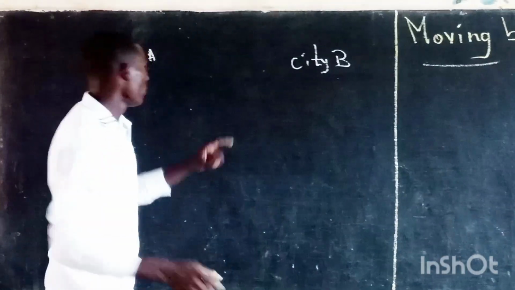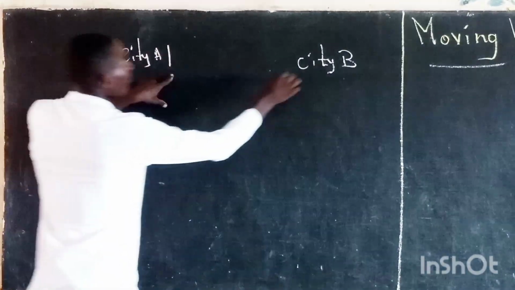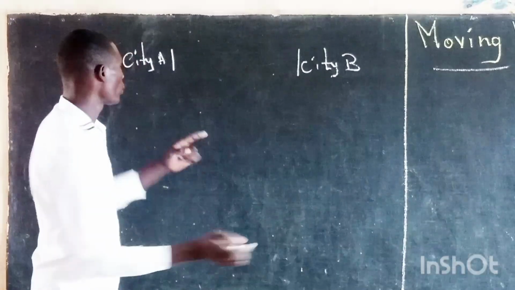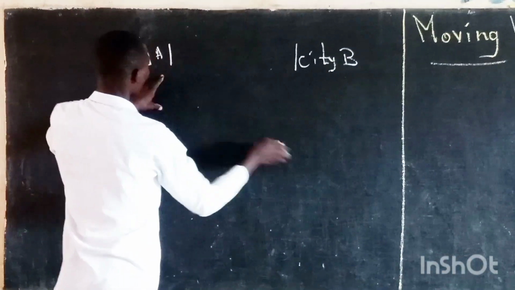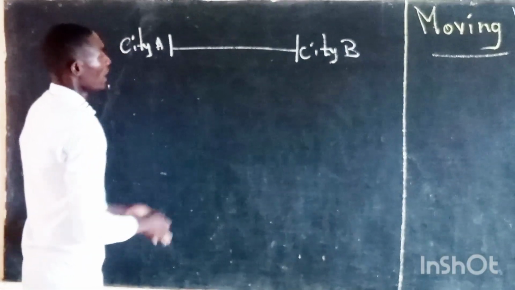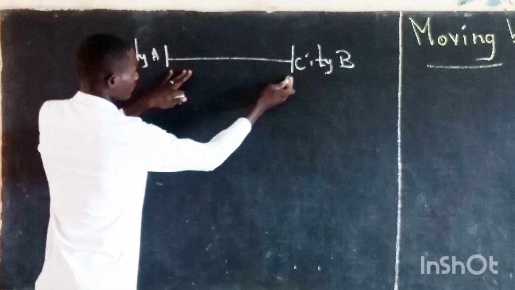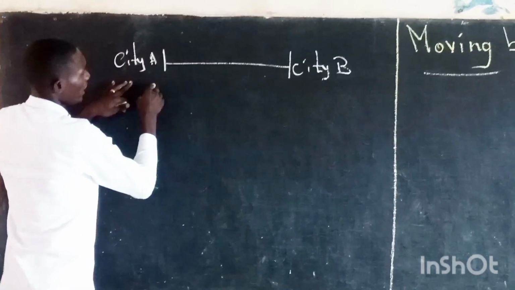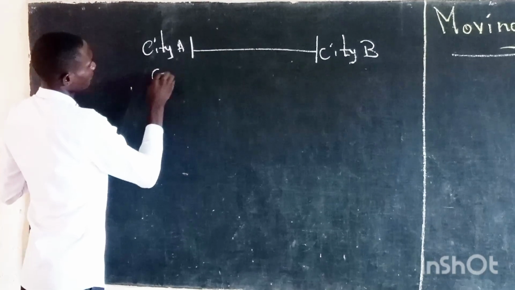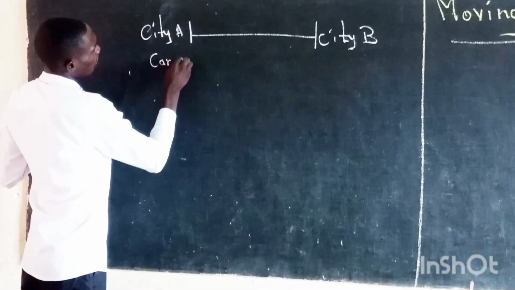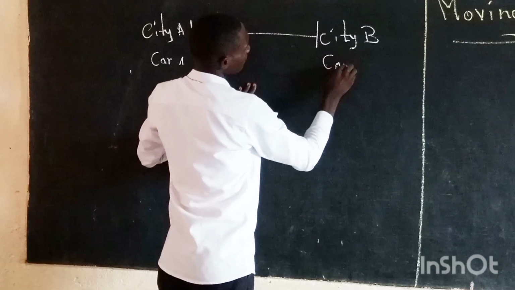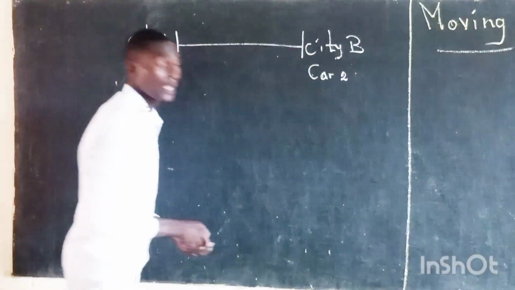So remember that here, the main thing you have to think about is that there is a distance between two cities. There is a common distance, and this distance is between city A and city B. Now, we have car A, car 1, and we have another car, car 2.